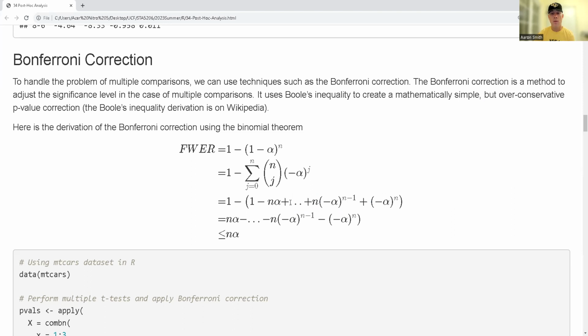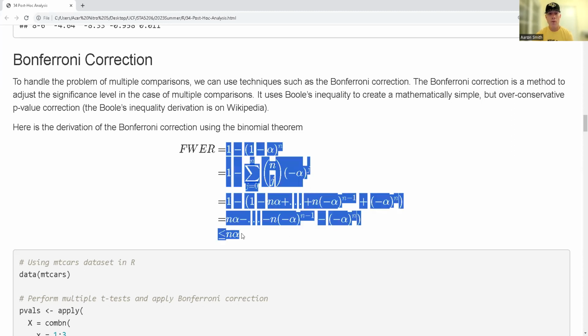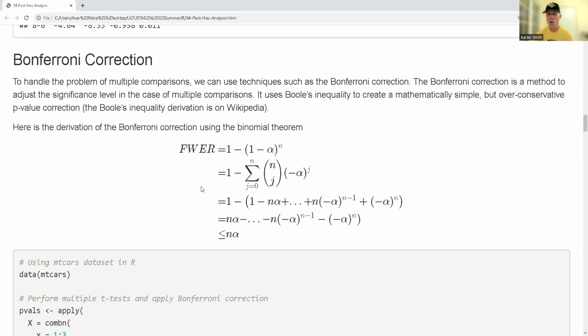This becomes a positive, and then I have these other terms that have higher powers of a relatively small value of alpha. If I drop all of these off, notice that I will have an alternating sign aspect going on, but overall all these terms together will be negative. And so if I drop them, I'll get something greater than or equal to the family-wise error rate.